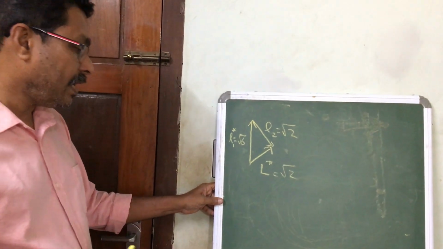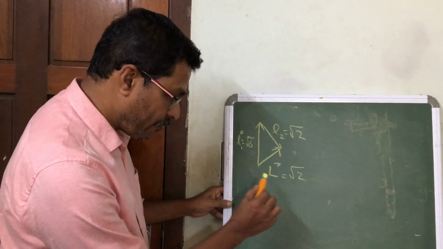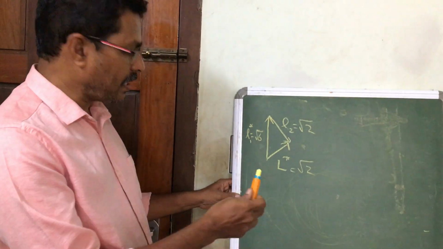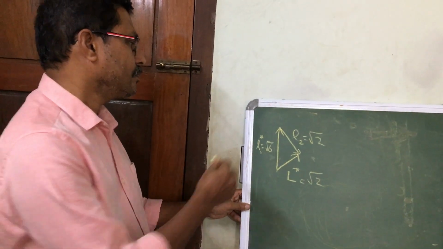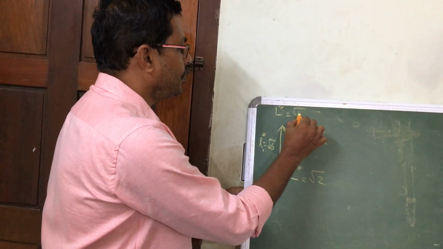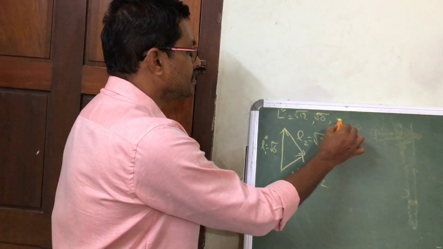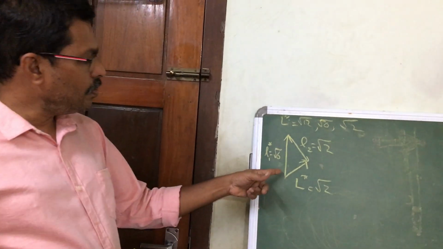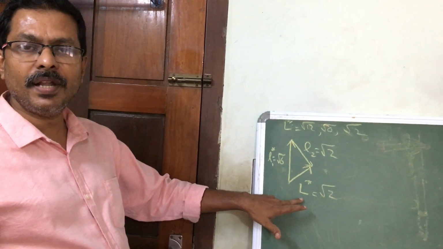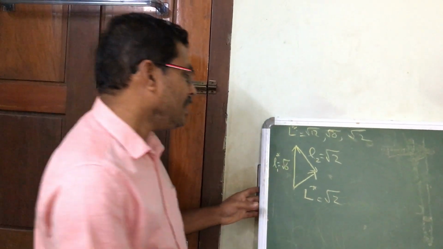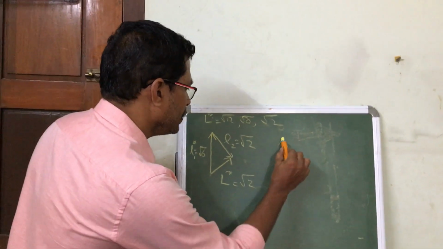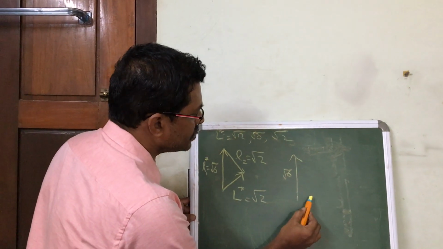We have already seen that the possible values of this L are root 12, root 6 and root 2. I will write the values here. L star can have values root 12, root 6 and root 2. So when they are combining like this, you will get the resultant values like this. And another one is like this. This is root 6.